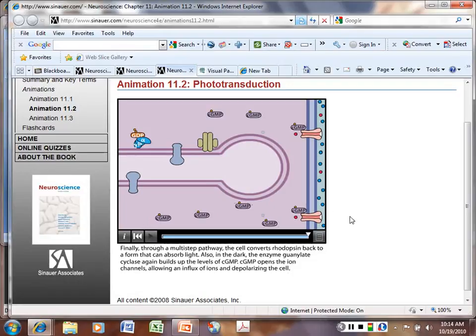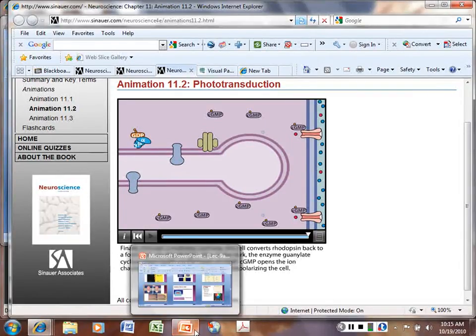So this last bit was sort of a little extra, regarding how the cell restores itself without depleting all of these players, so it's ready again for the next signal.